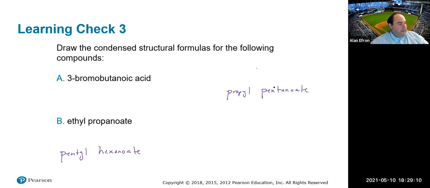Why don't you draw the structures of these, see what you come up with.